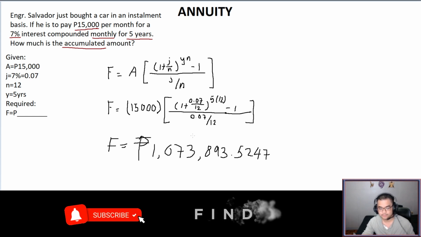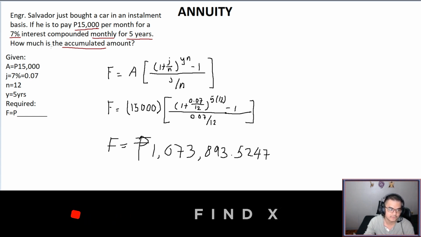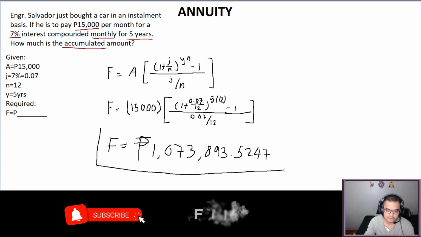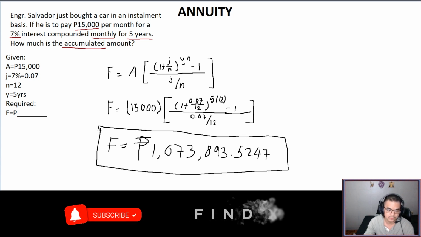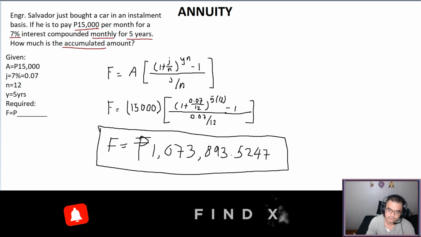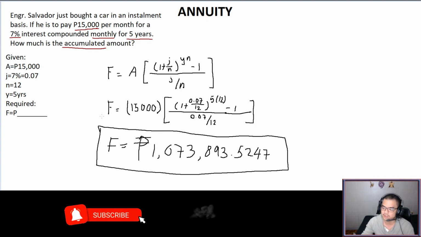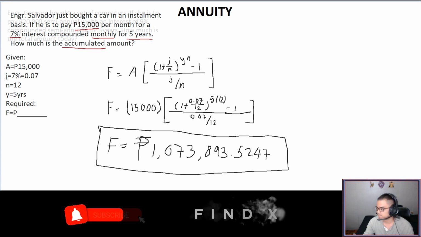That means if you will pay 15,000 for the whole 5 years with an interest rate of 7% compounded monthly, this will be the total payment you make for all those 5 years. So after 5 years, this is the whole payment that you made. Okay, with that, let's go to our next problem.